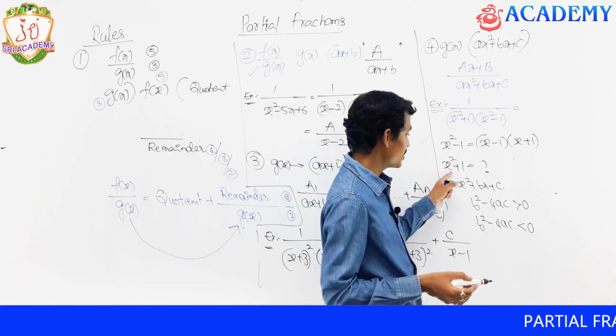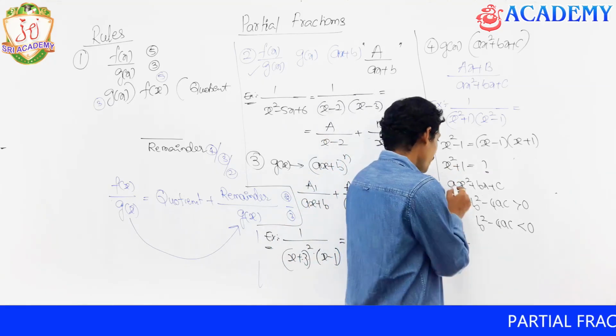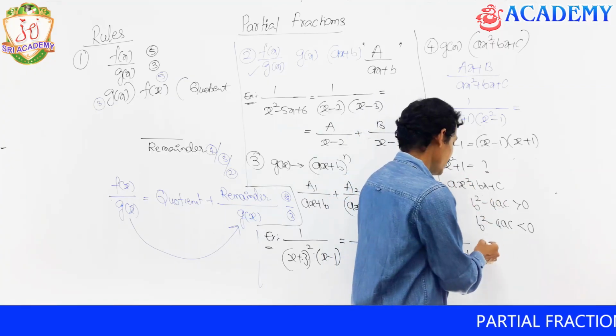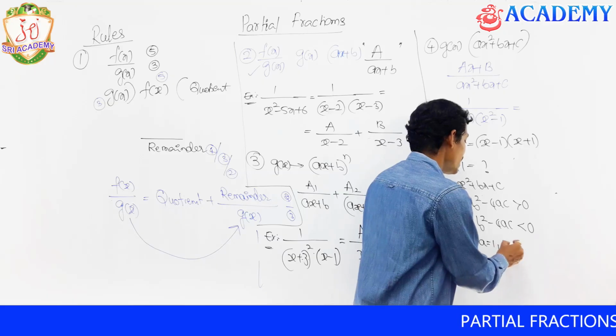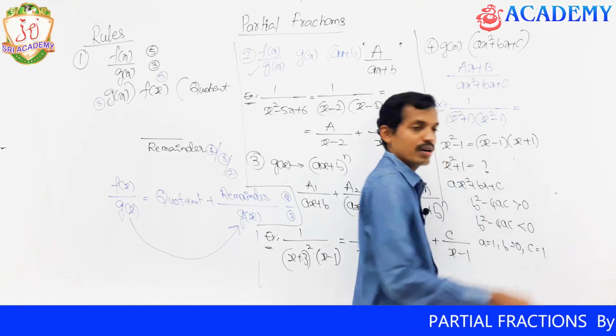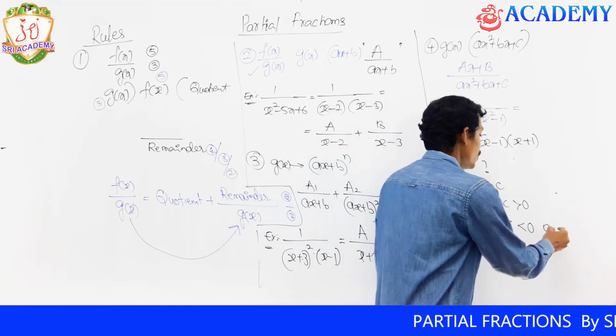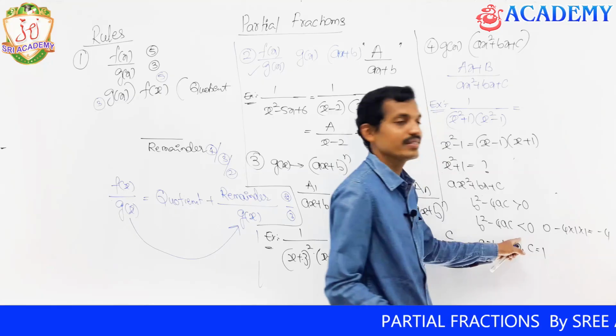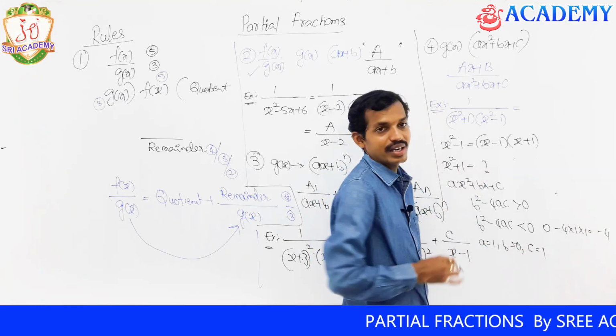Same if you check for x square plus 1, comparing with ax square plus bx plus c, a equal to 1, b equal to 0, c equal to 1. If you substitute here, 0 minus 4 into 1 into 1 is nothing but minus 4, less than 0. That's why it does not have a real root.